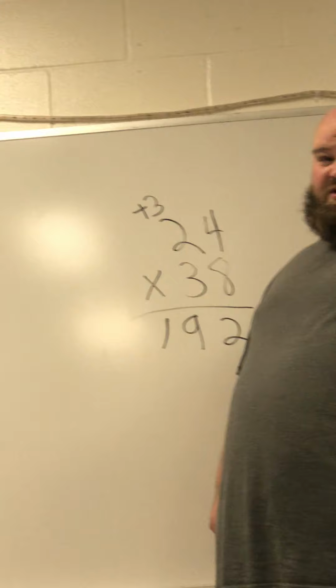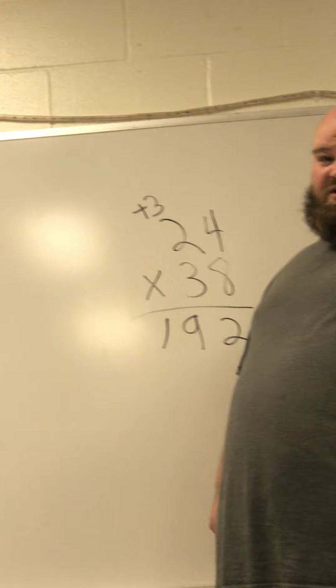Okay, let's go ahead and walk through this one step by step. First of all, we're going to take our bottom ones and multiply it by the top two numbers. My first step is 8 times 4, which is, that's right, 32. Now I'm going to put my 2 down here and regroup that 30 by putting the 3 up here.